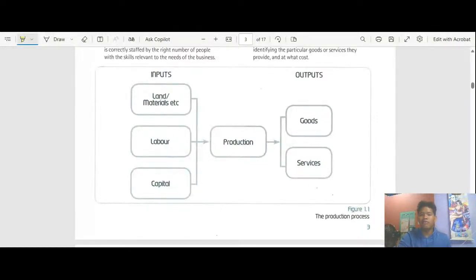So when we have land, when we have labor, and when we have capital, which is machinery, in place, right? Then we could actually start the processing or the production process in this case. And with that, we have goods and we have services. This is the basic format for any organizational structure to note. So, yes, you have that out of the way now.